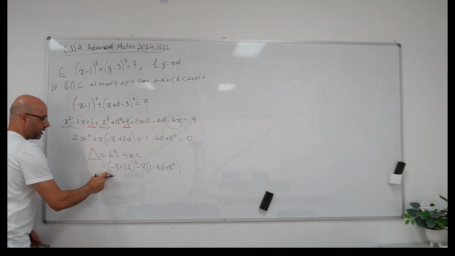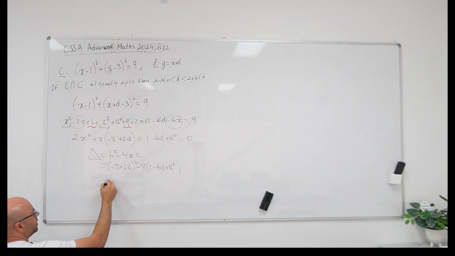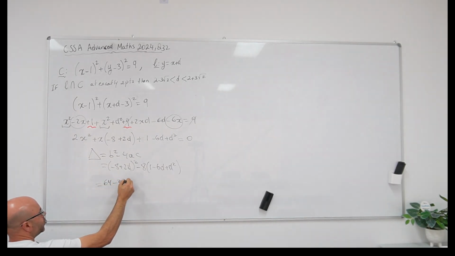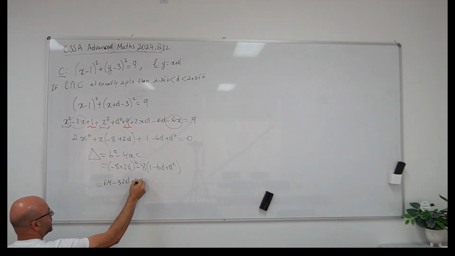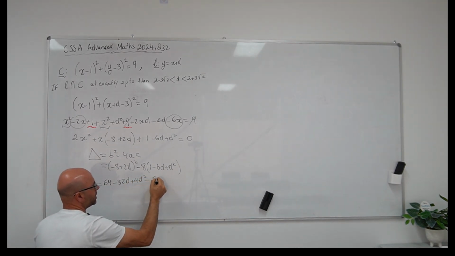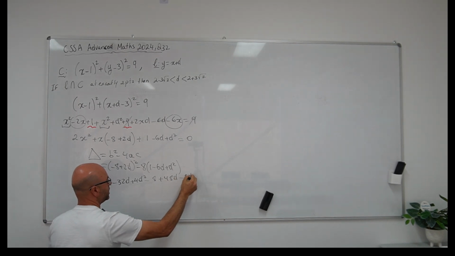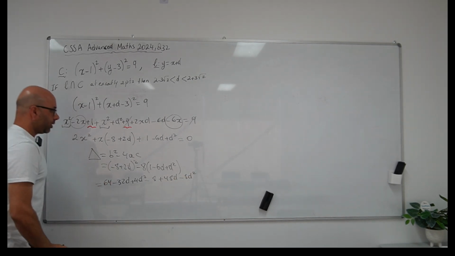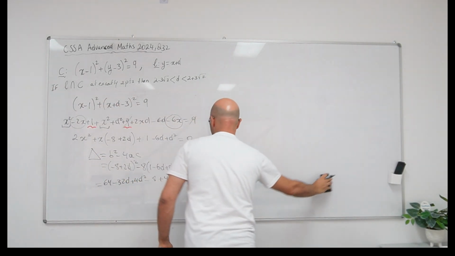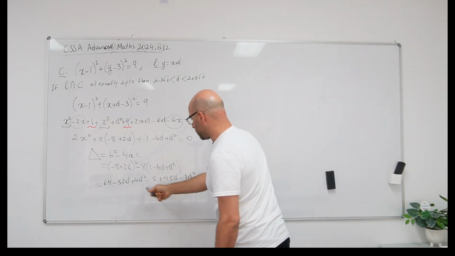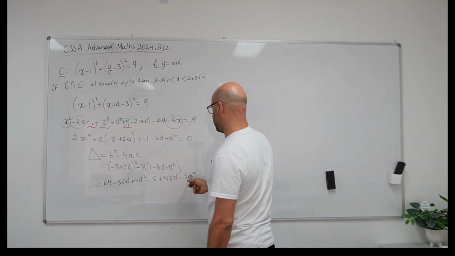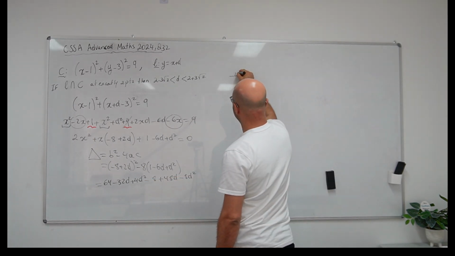We're going to expand with normal algebra again. That's 64 minus 32d plus 4d squared minus 8 plus 48d and minus 8d squared. Collecting like terms, I'm just going to write it here. 4d squared and minus 8d squared is going to give me minus 4d squared.